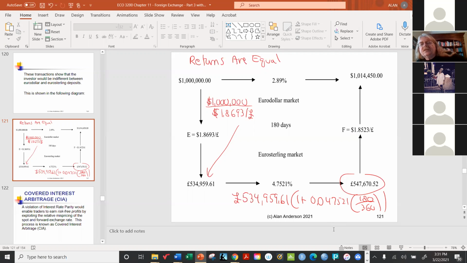Now, presumably, we also simultaneously enter into a forward contract to sell these pounds for dollars using this forward exchange rate.